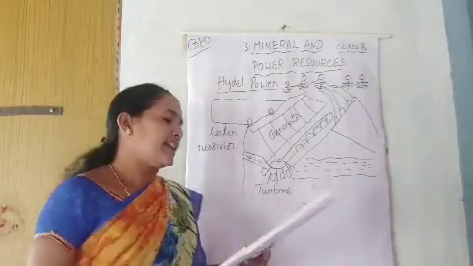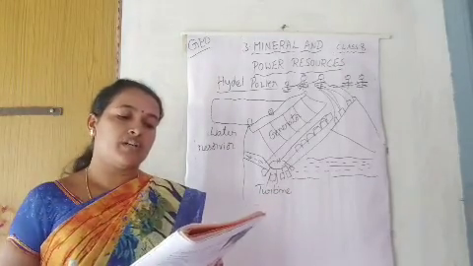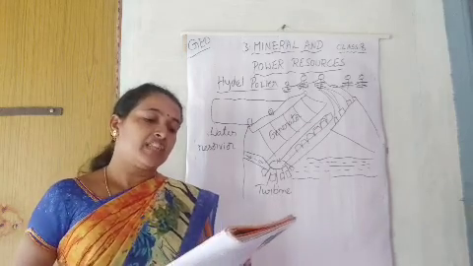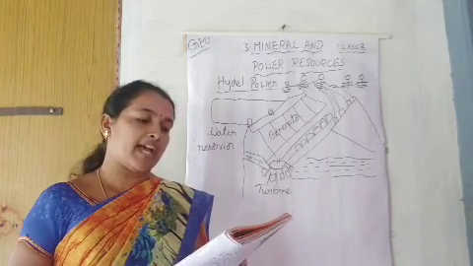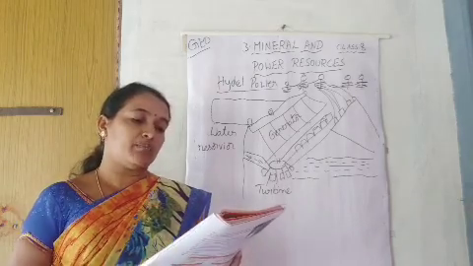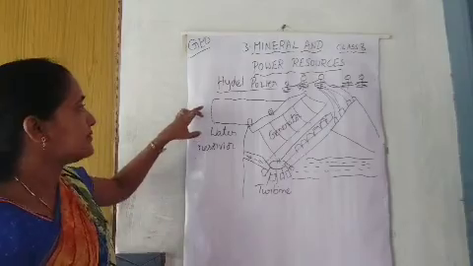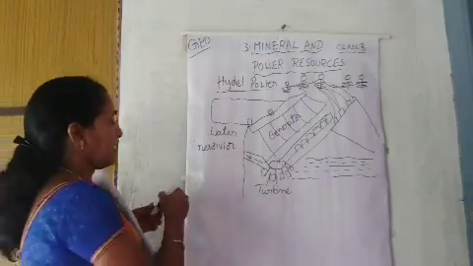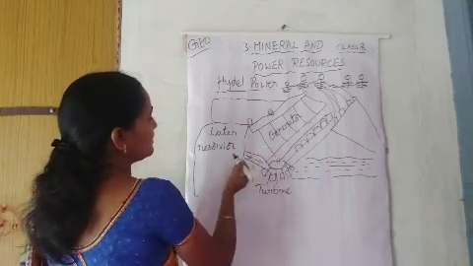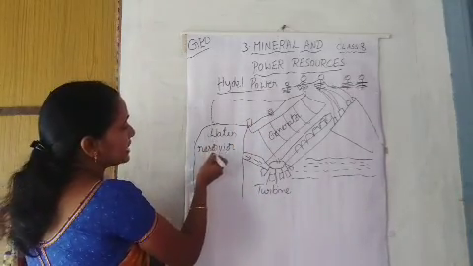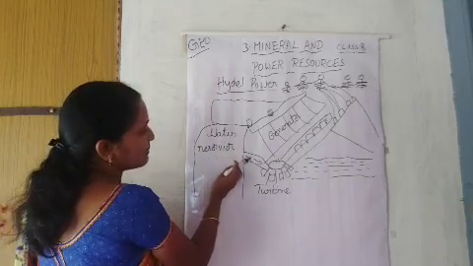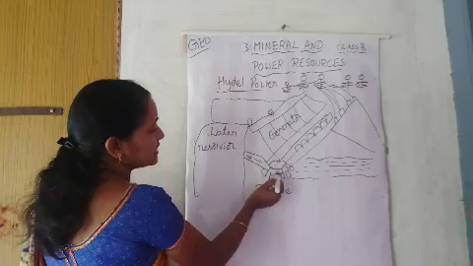Hydel power. Rainwater or river water stored in dams is made to fall from heights. The falling water flows through pipes inside the dam over turbine blades placed at the bottom of the dam. See, this is the dam. This is the water reservoir. The water in the reservoir is supplied to the turbines.